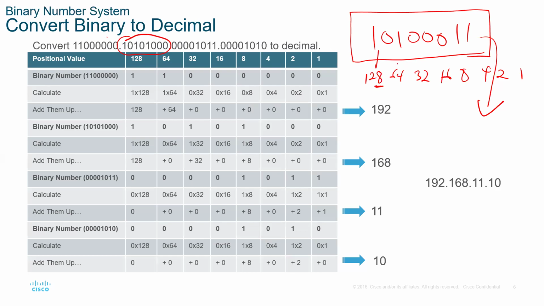Plus 3. I'm getting 163, 163, 163. Thank you very much. If 2 guys can get it, everyone can get it. So it's that simple. That's how you convert from binary to decimal.